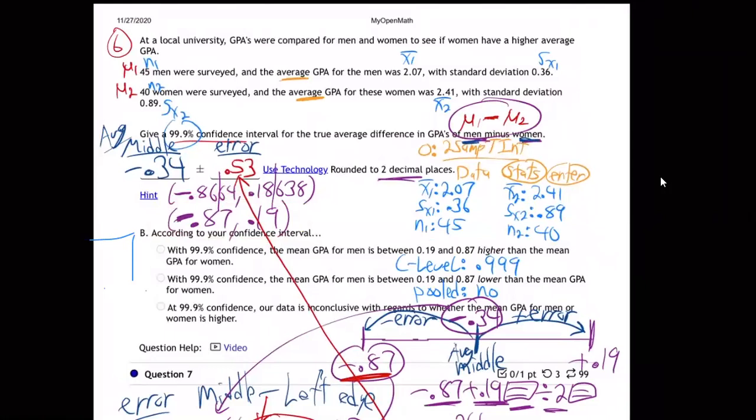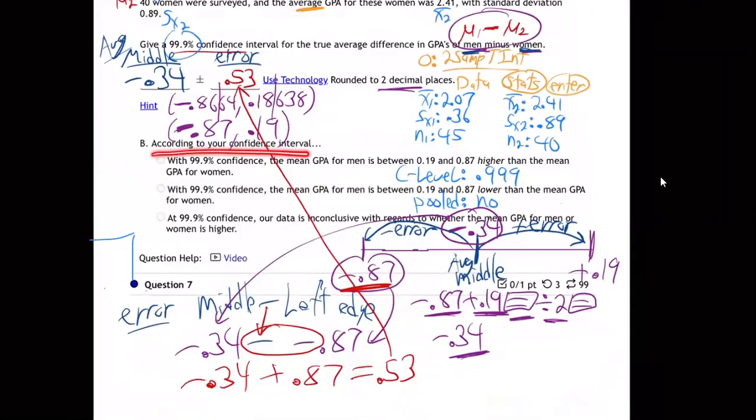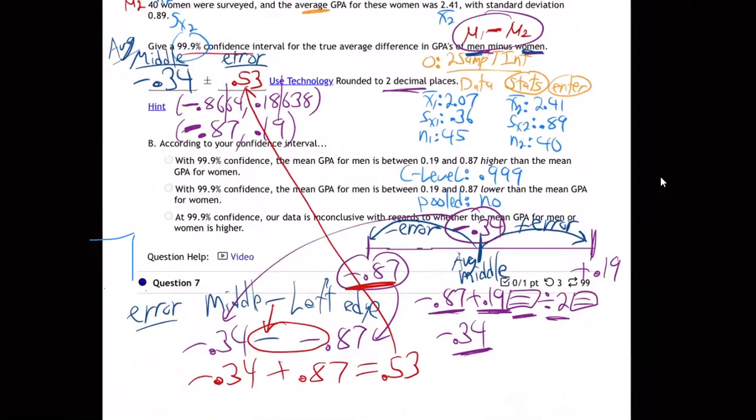Now, what does that mean in real life down here? According to your confidence interval, with 99.9% confidence, the mean GPA for men is between 0.19 and 0.87 higher. Is that what we're saying? We think the men are higher? No, that's not what we're saying.